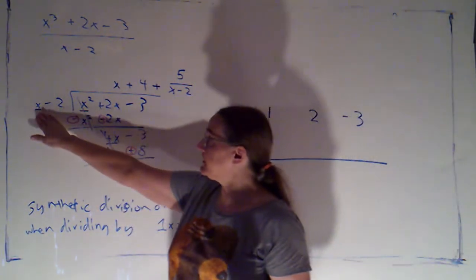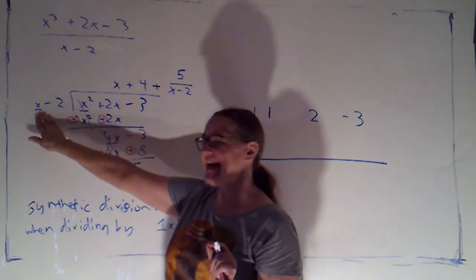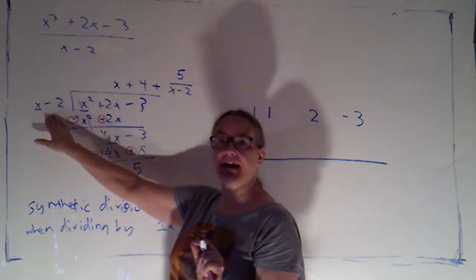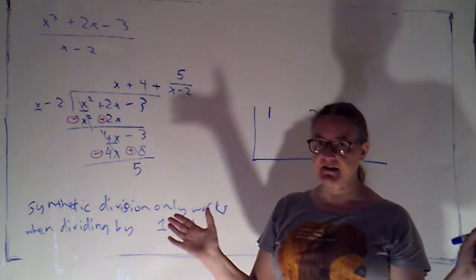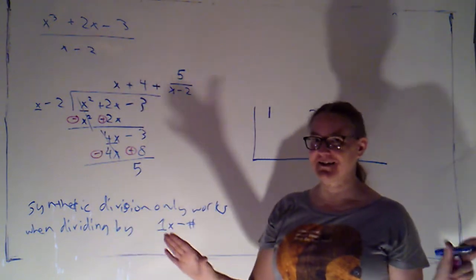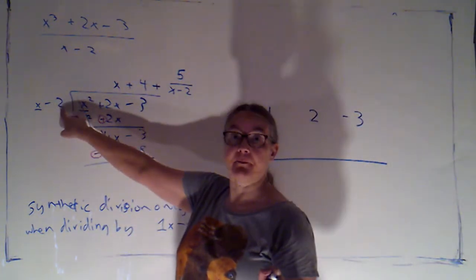So it's important that I have just 1 copy of x. This has to be degree 1. It has to be a linear thing that I'm dividing by. If I have x squared, synthetic division doesn't work. If I had 2 copies of x, synthetic division doesn't work. So I've got to have 1 copy of x minus a number.